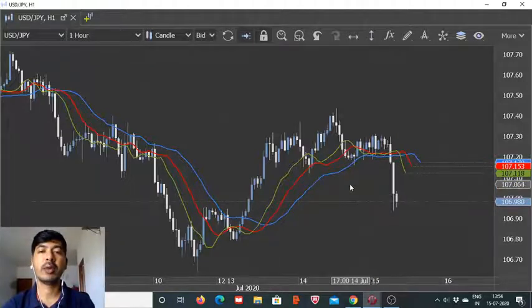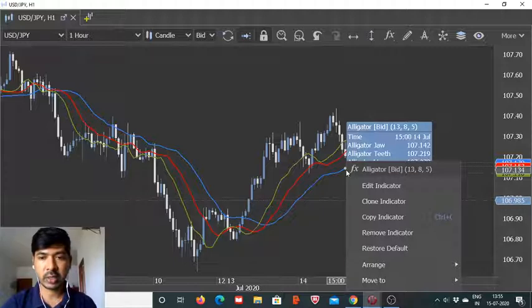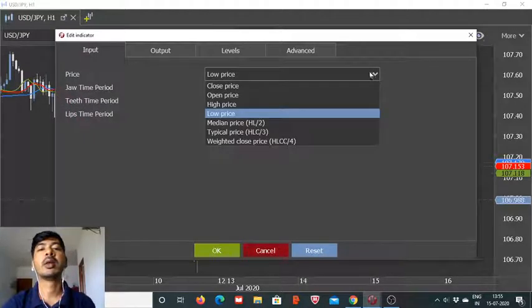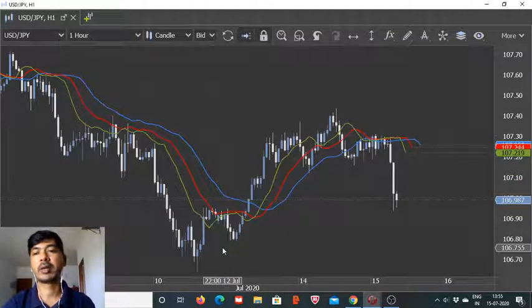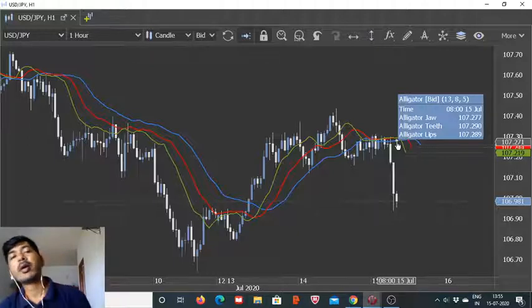So this is how it is going to be whenever you change the applied price for the calculation. If we now take the high price, you will have this alligator value shifted higher. And again, if we consider the values here, you will have a difference of almost 7 pips between the high price and the low price calculations.